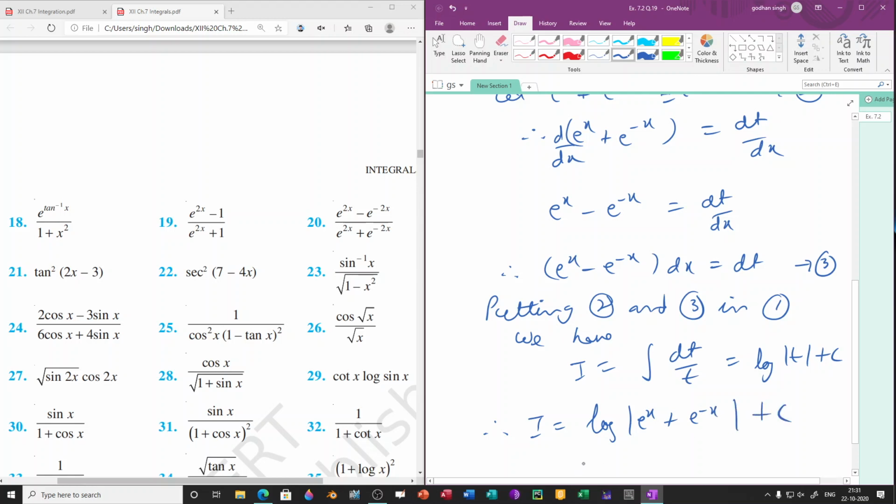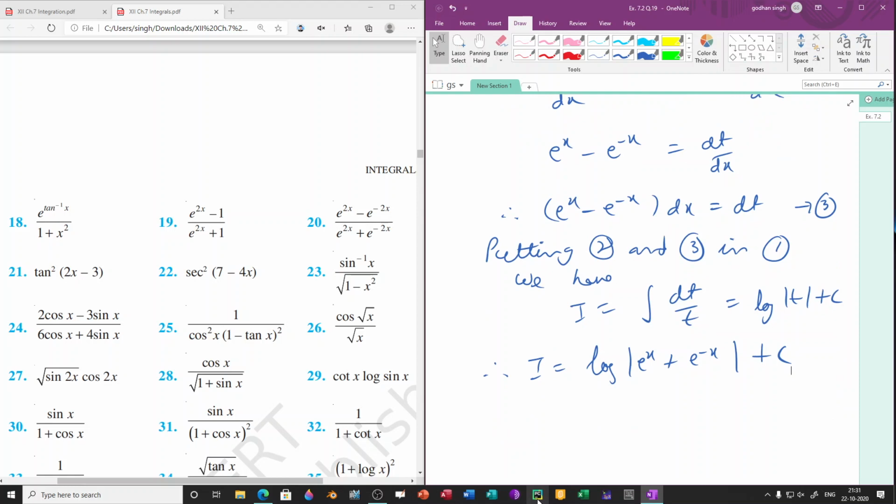And if you wish, we can also write this without using the modulus function. I equal to log (e^x + e^(-x)) plus c. Both are correct because the exponential function is never negative. So e^x + e^(-x) will always be positive, so even if we do not use the modulus function, it will be correct.